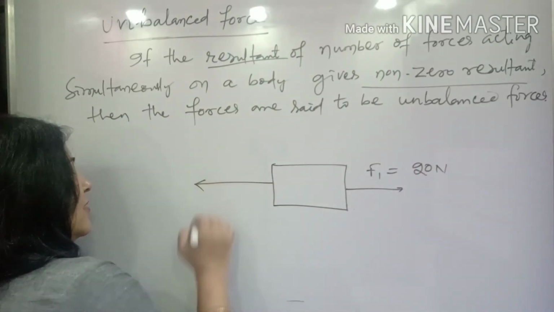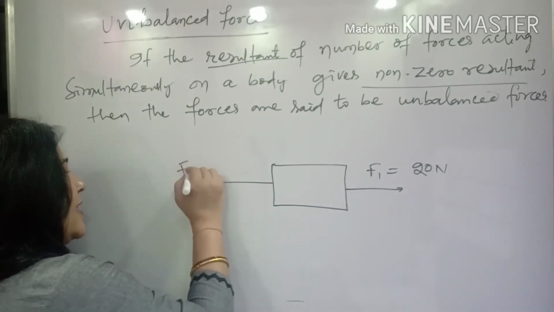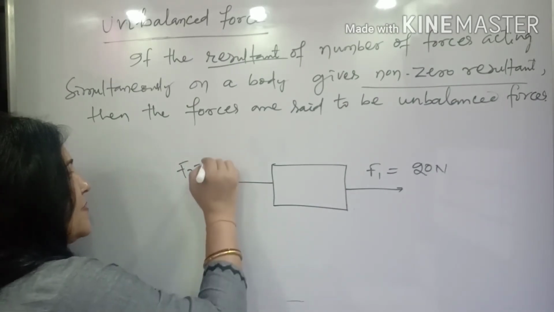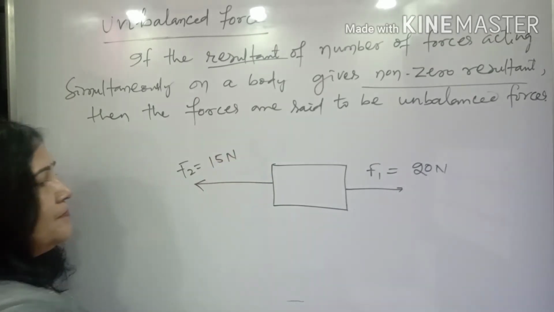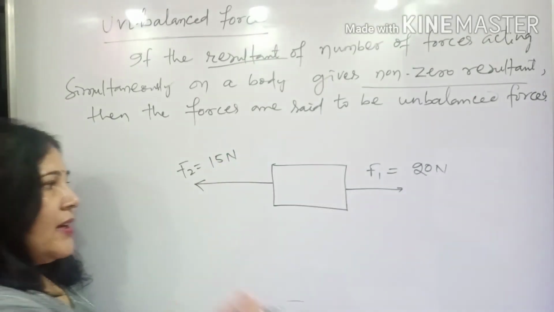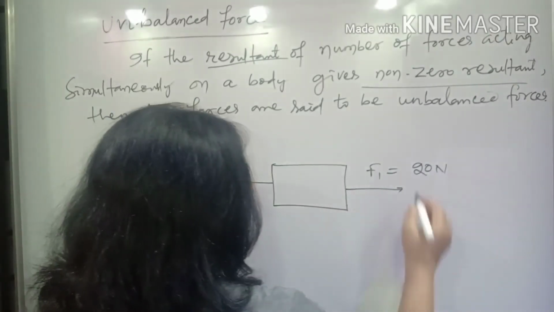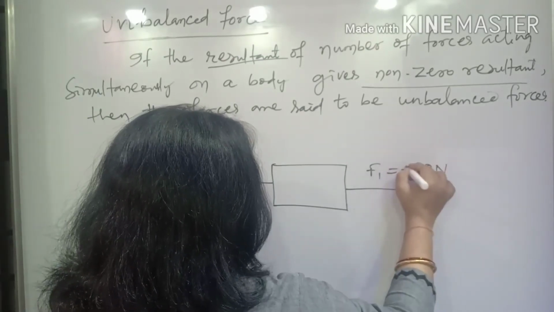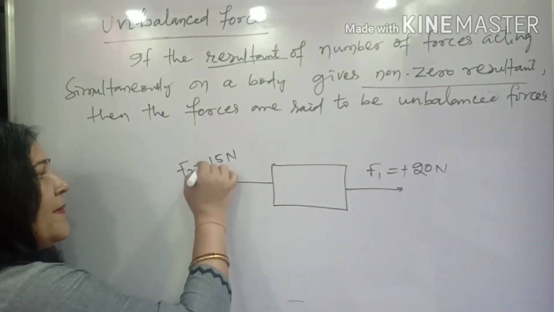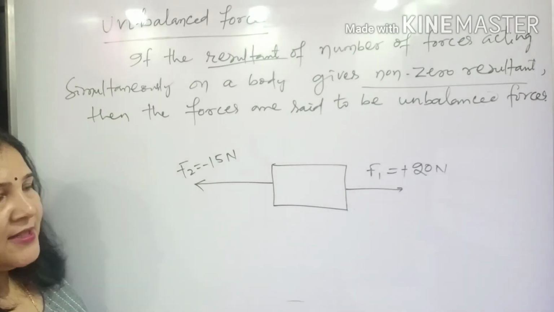And to the left, the force acting is F2 and its magnitude is 15 Newton. As per the sign convention we have discussed, towards right will be plus, towards left it will be given a minus sign.